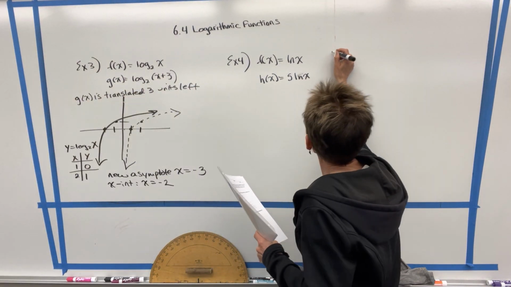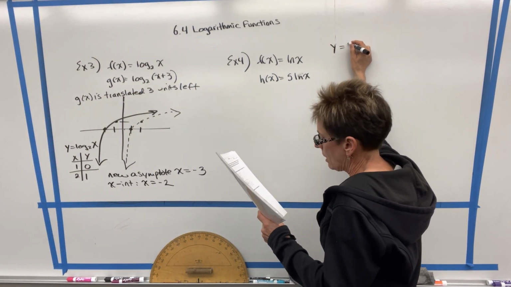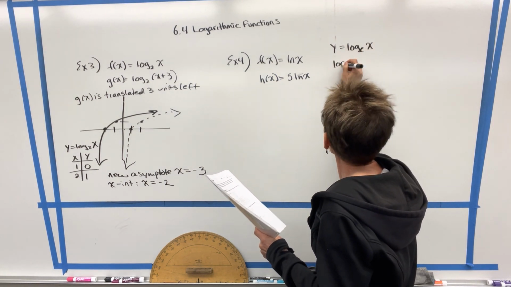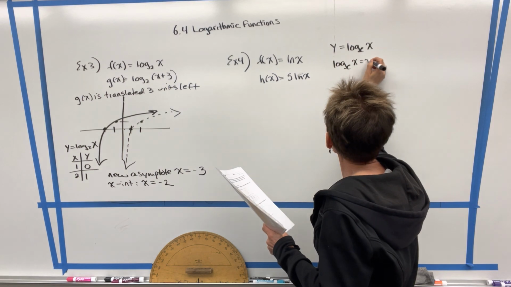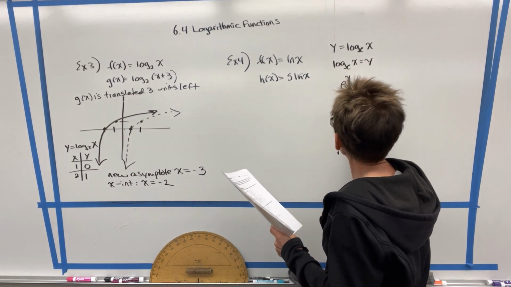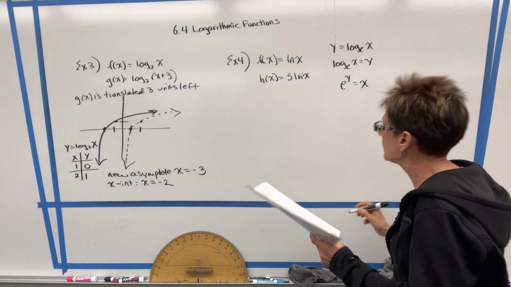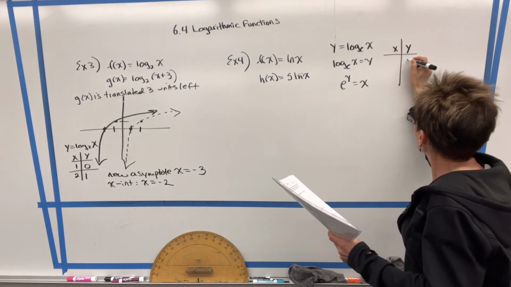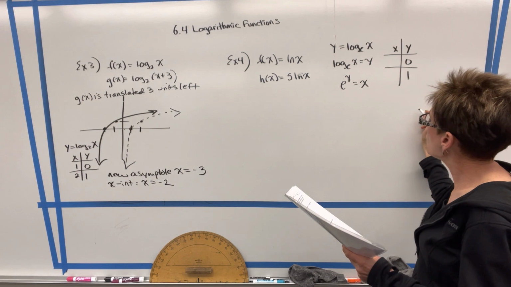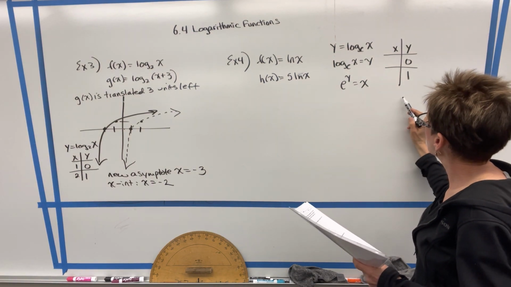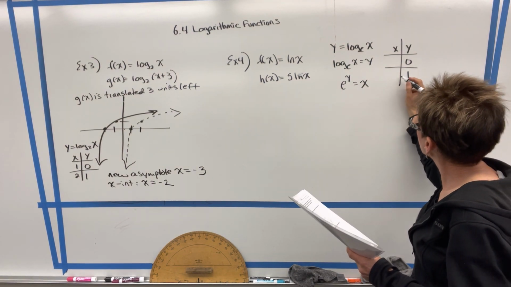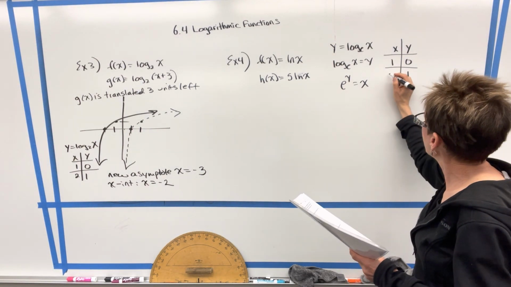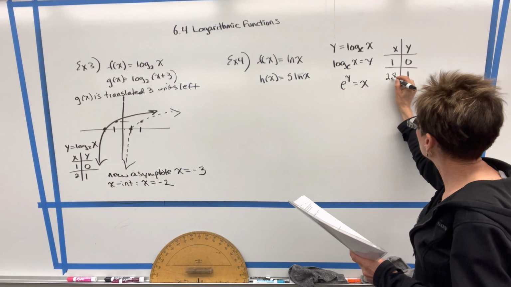I can write this as y equals log base e of x, or log base e of x equals y, or e to the y equals x. If I do a little t-chart for this and set y equal to 0 and 1, when y is 0, x is going to be 1, and when y is 1, x will be approximately 2.8.